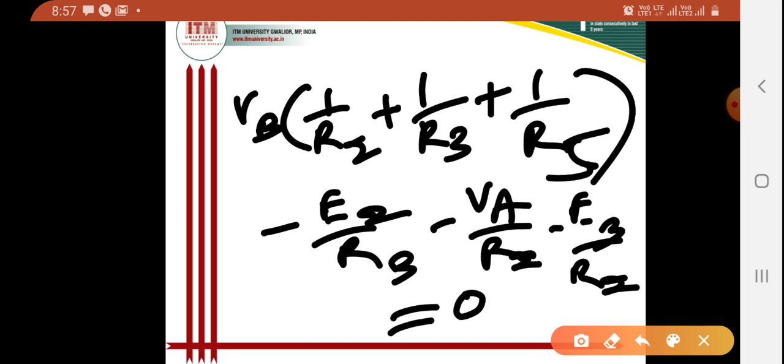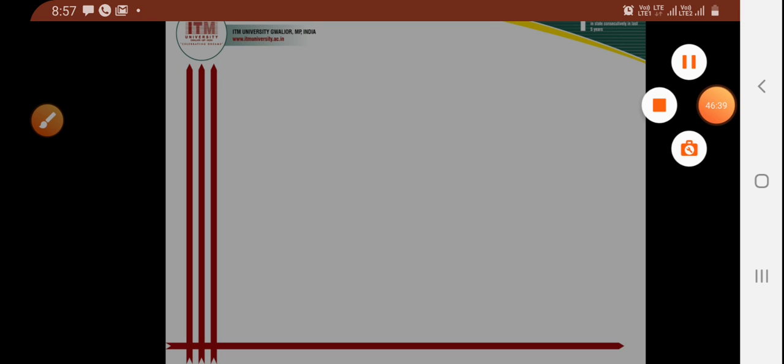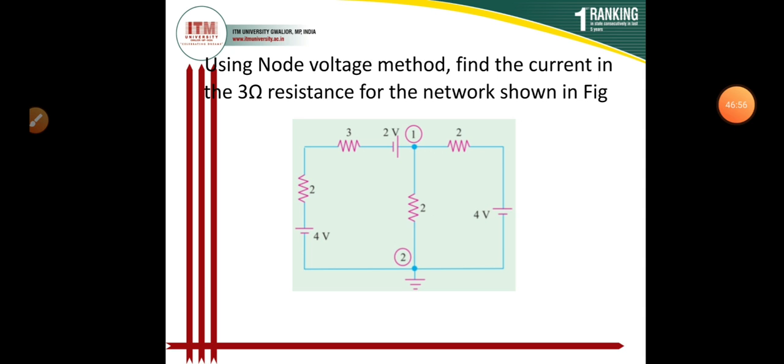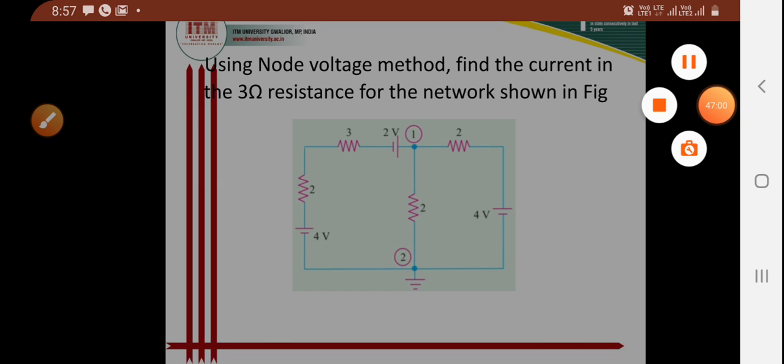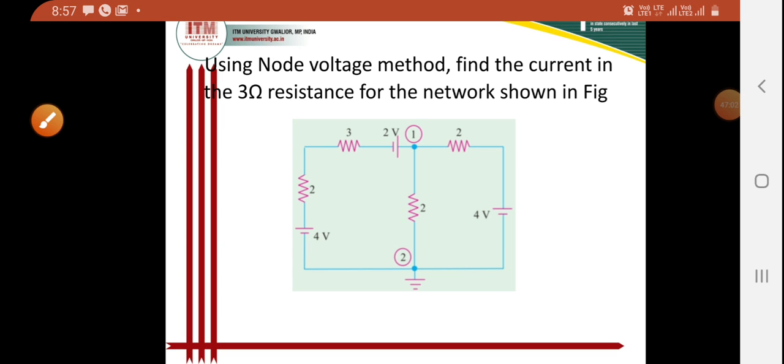And now we can move to a numerical. So coming to a numerical now, here this is a question. I am going to solve a numerical based upon the nodal analysis method.